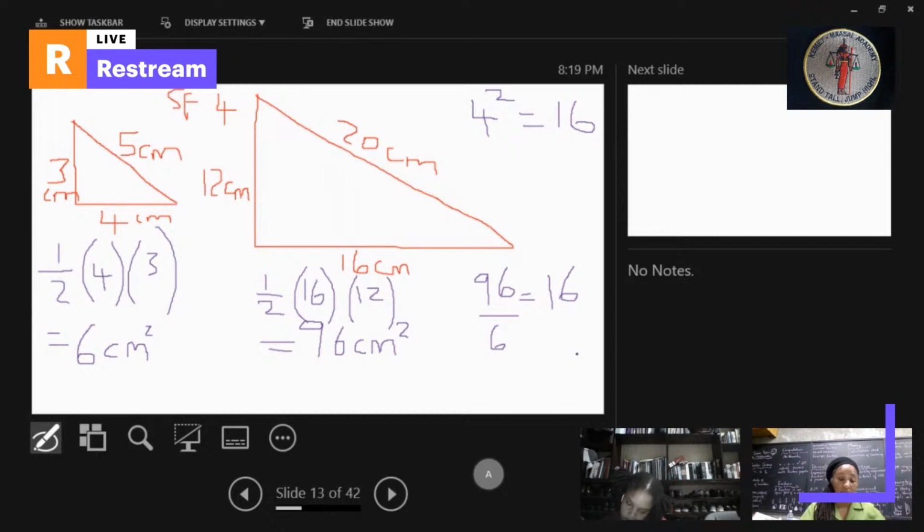So this second experiment proved the same thing. The big triangle is 16 times the area of the small triangle, the scale factor being 4. So if we square the scale factor, it tells us how many times bigger the area is, all of the space taken up. All right, so far so good.